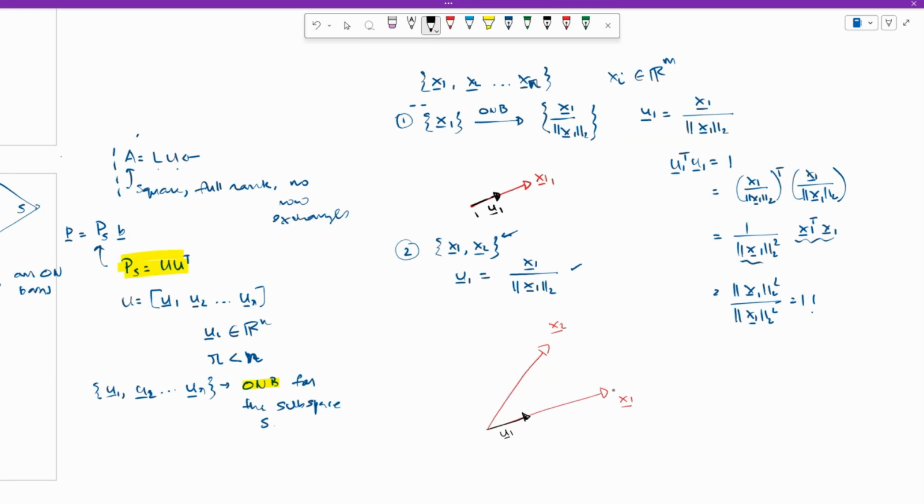Geometrically, I would drop a perpendicular, and then this vector would be that orthogonal projection vector, starting from the origin.